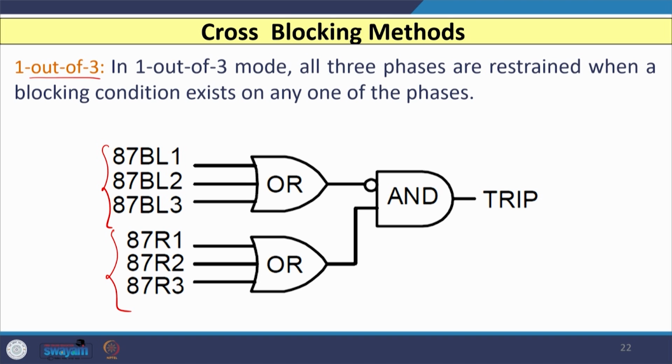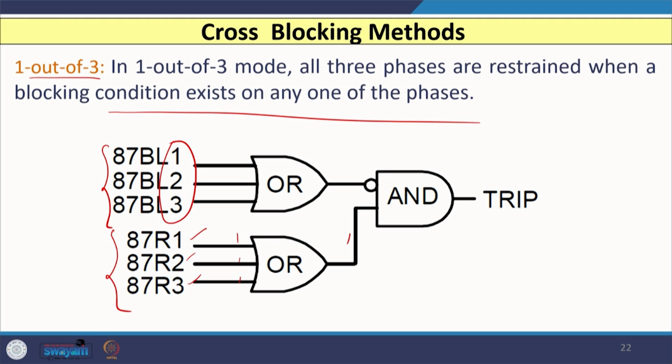You can see that I have the 87 in 3 phases 1, 2, 3, you have the one logic available. So, here you will get the 1, and in any of the phases, if the percentage of second harmonic exceeds the predetermined threshold value, then the blocking condition is initiated and relay should not give the trip command.